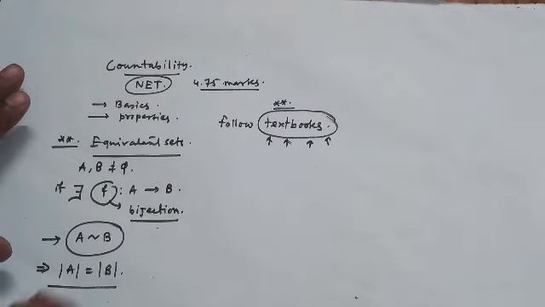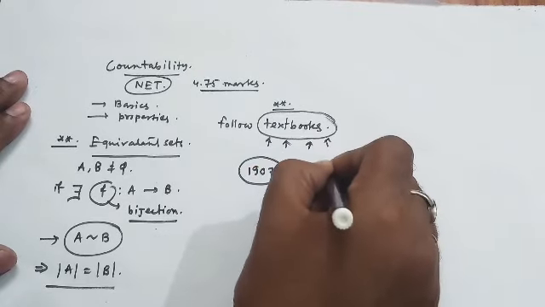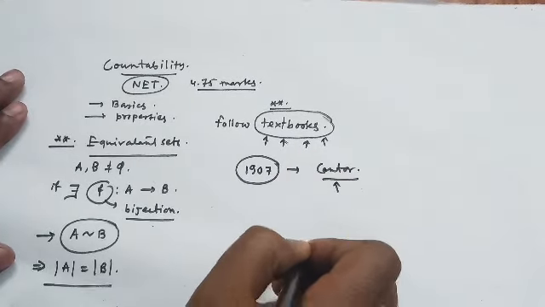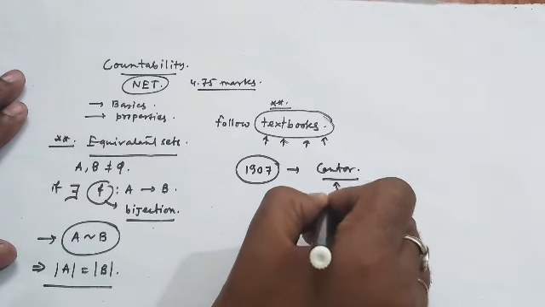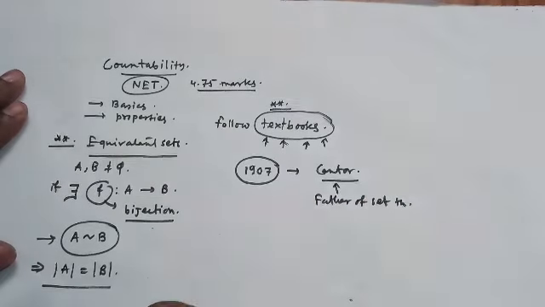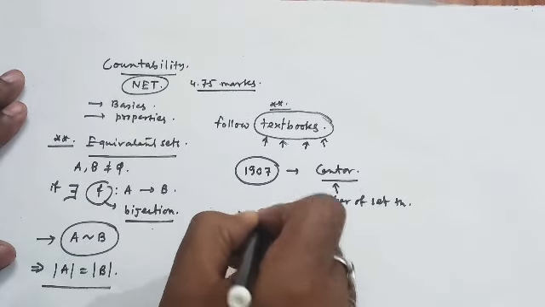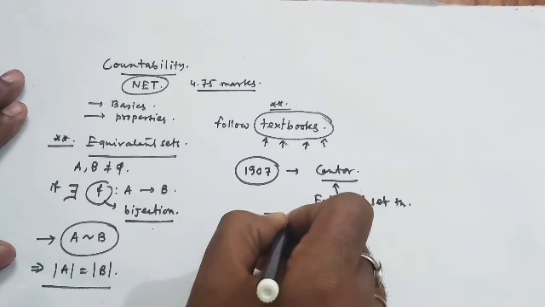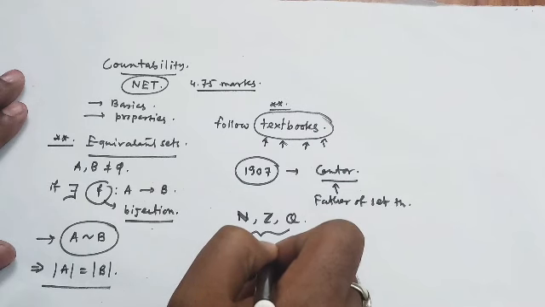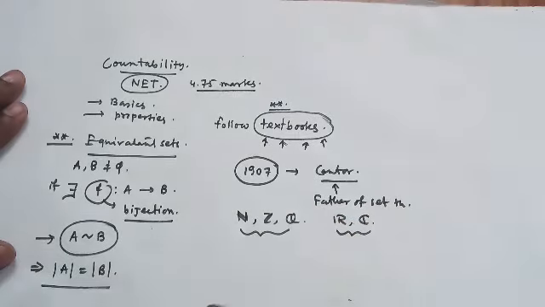So the story begins with the hypothesis of Cantor, a very famous mathematician, also known as the father of set theory. He proposed in the year 1907 that the set of natural numbers, integers, and rational numbers, these three sets have the same number of elements, and the set of real numbers and the set of complex numbers, these two have the same number of elements.